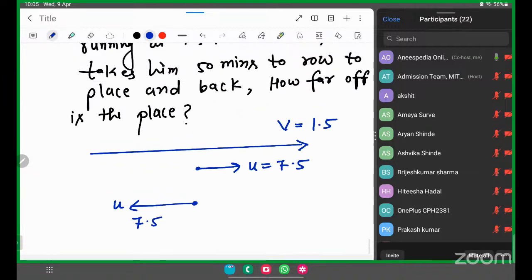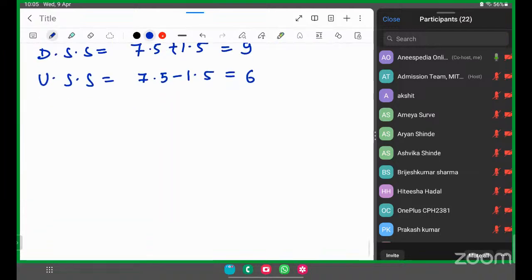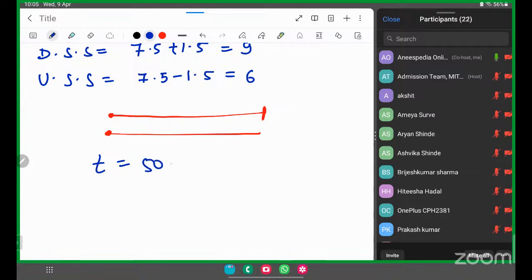Now in the question it is given that it will take 50 minutes to go to a place and to come back. So the journey will be like this. This is the point of starting, and the person goes to a certain place, this is place P, and then again comes back to the original position. In this complete journey, 50 minutes will be taken.